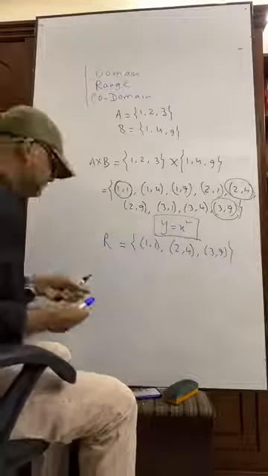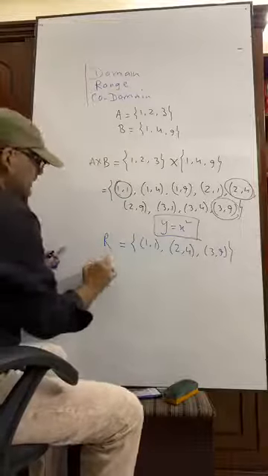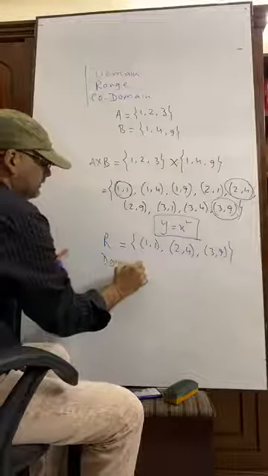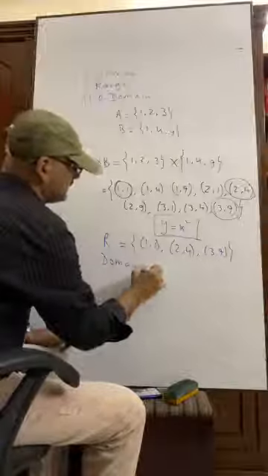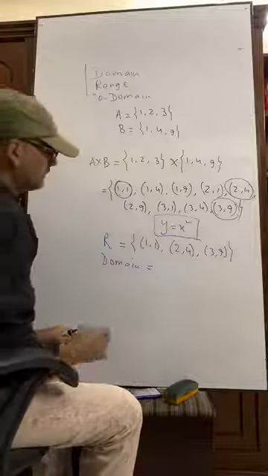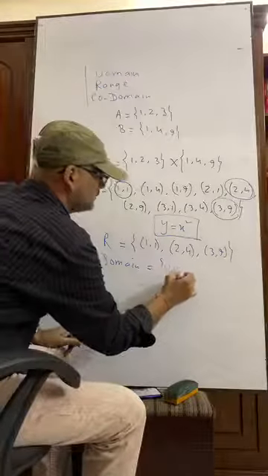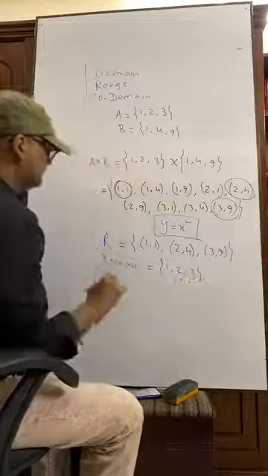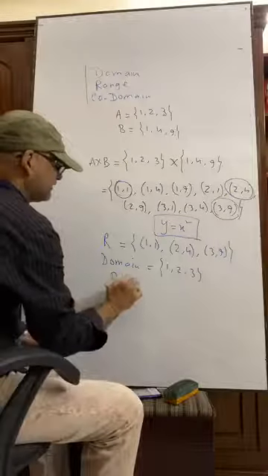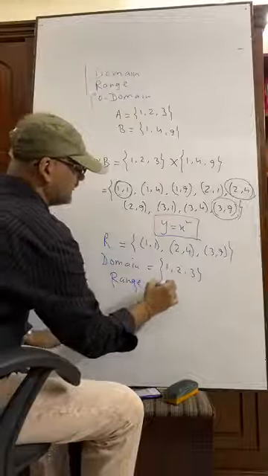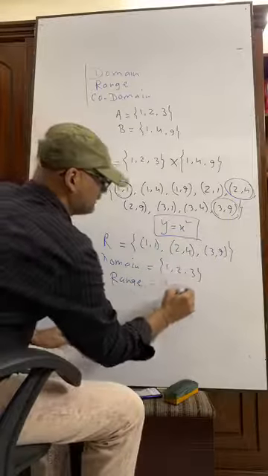So what is the domain? Here the domain is {1, 2, 3}, very good. Range equals {1, 4, 9}.